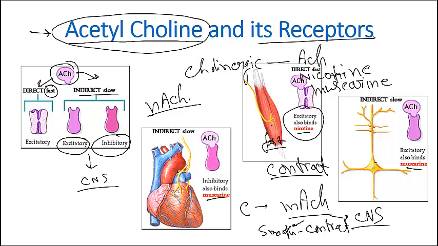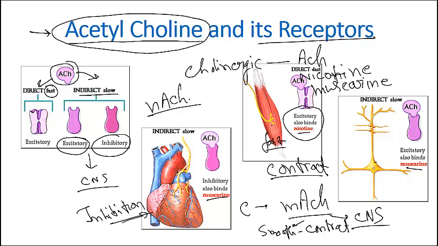Here the acetylcholine acts indirectly, producing a slow inhibition of the postsynaptic cell. In the heart, this effect decreases the heart rate, and acetylcholine is inhibitory at this muscarinic receptor, causing neurons to hyperpolarize and the heart to slow down.